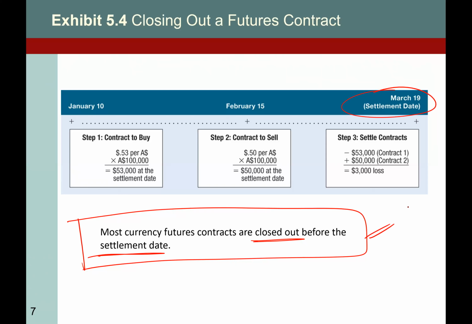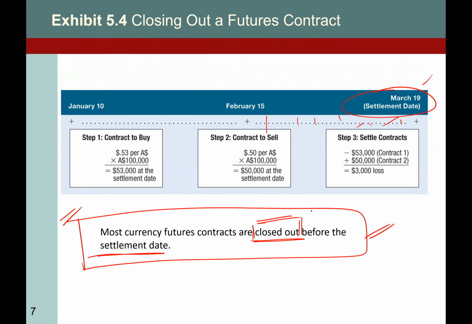I'm going to have a loss on March 19 as well, or on the 16th, whatsoever, between the dates. Why wait over there? There's not going to be any miracle to decrease my loss. So most currency futures contracts are closed out before the settlement date. Most of the students find it hard to digest how. I just gave you the example here.